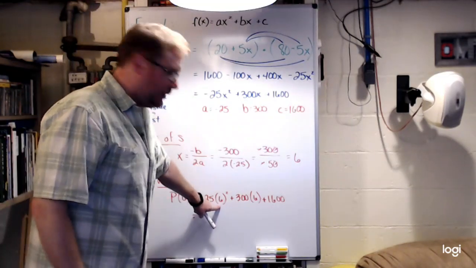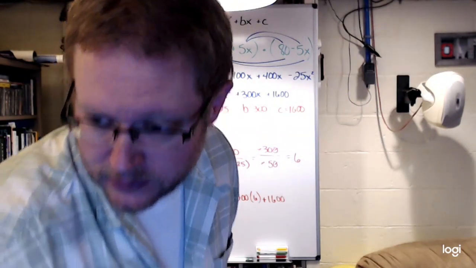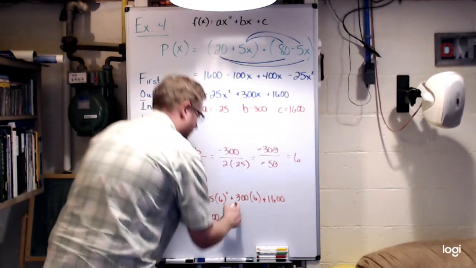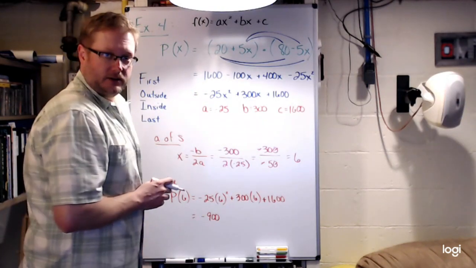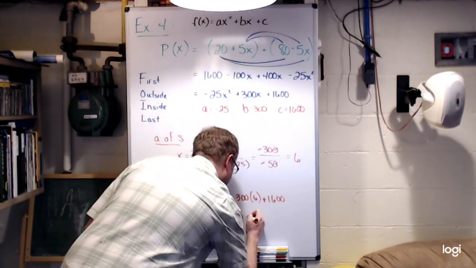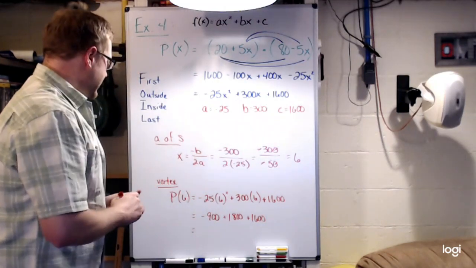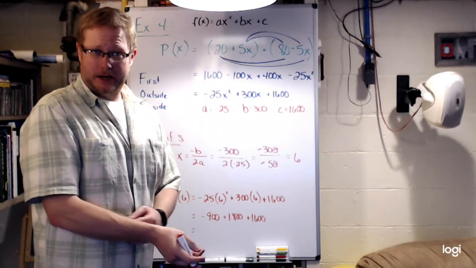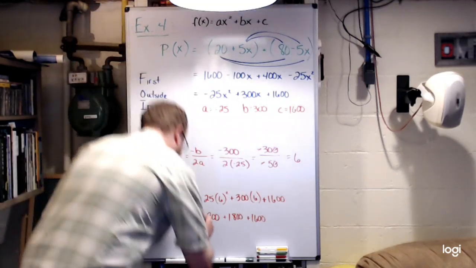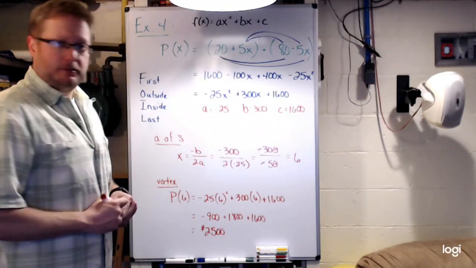So we know 6 squared is 36. 36 times negative 25 is going to give us negative 900. 300 times 6 is 1800. And another 1600. And so negative 900 plus 1800 is 900, and 900 plus 1600 is 2500. Okay, so that is going to be our vertex.